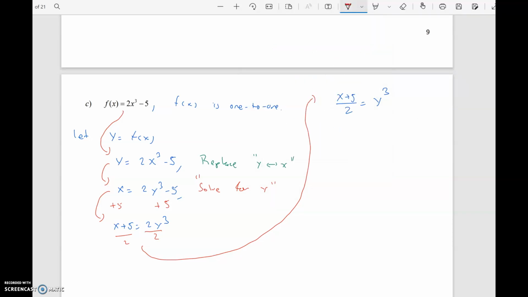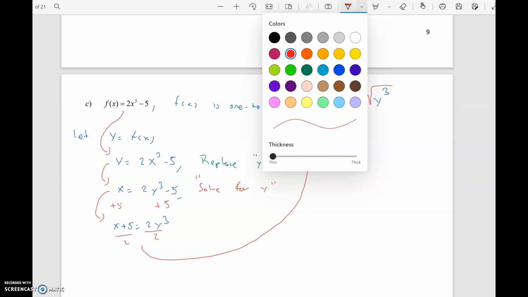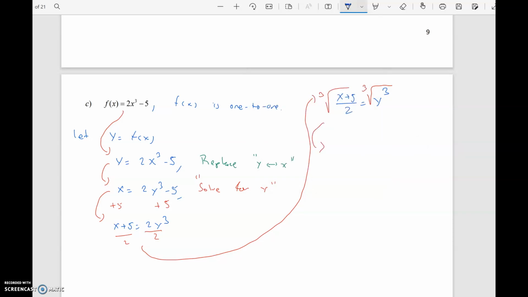And then at this point, we'll cancel the y to the 3rd by taking the cube root. The cube root is also 1 to 1, so we don't have a problem here.